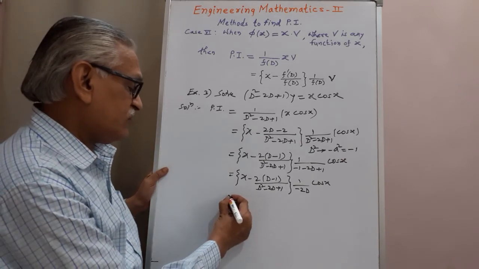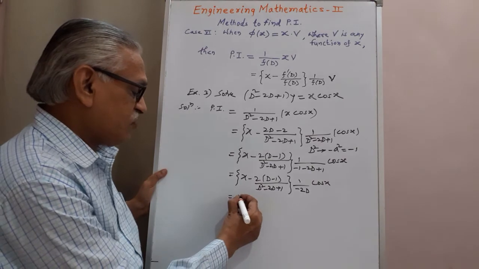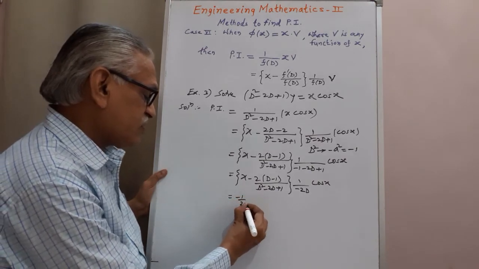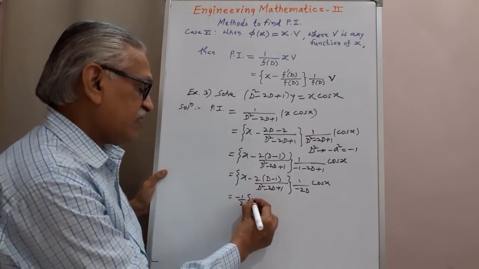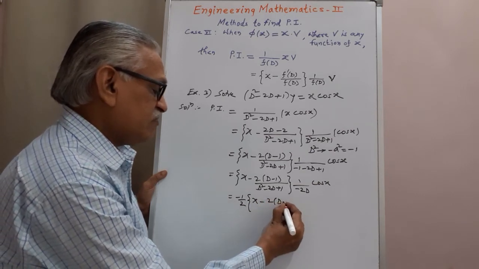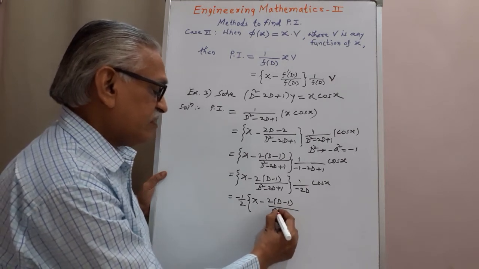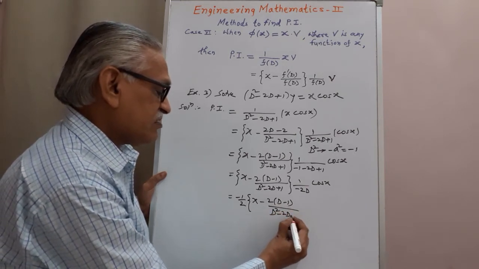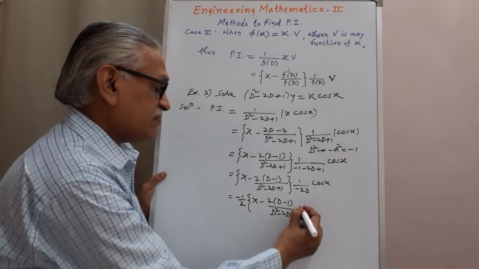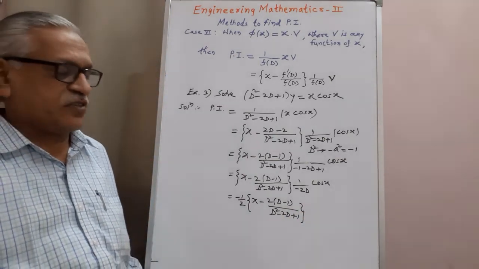And therefore minus 1 by 2, a constant, I can take outside before the operator. Therefore minus 1 by 2 times x minus 2 times D minus 1 divided by D square minus 2D plus 1, 1 upon D operated on cos x.